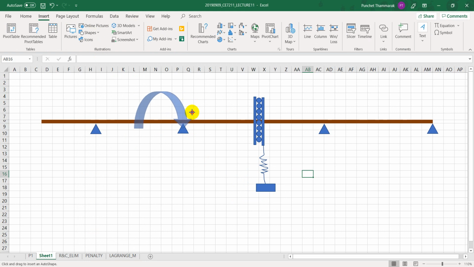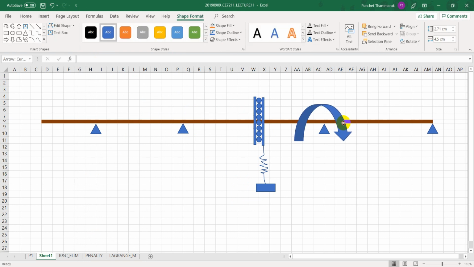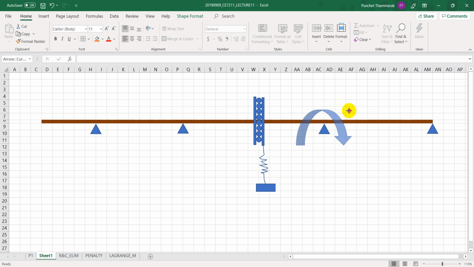What else? I apply a moment over here. So essentially, your force vector on the left hand side that used to be just 0 and some other reactions, now you have those zeros become non-zero, right?